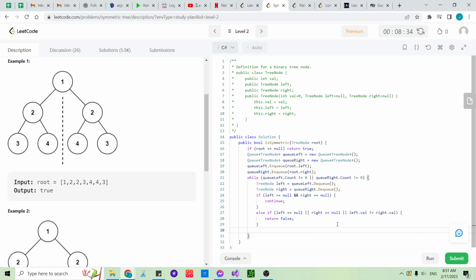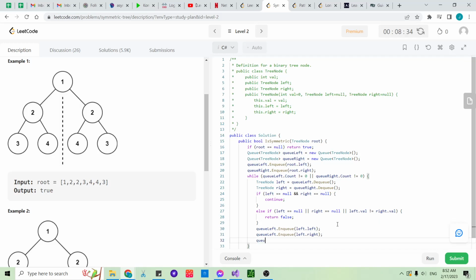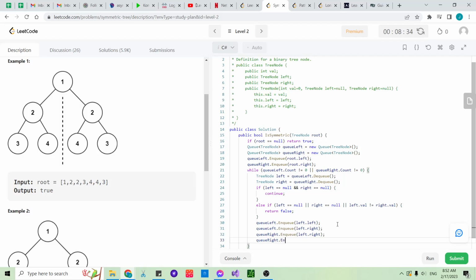Okay, so if they are the same, if this node is symmetric, we want Q left in Q left left, Q left in Q left right, and Q right in Q left right, and Q right in Q right left.